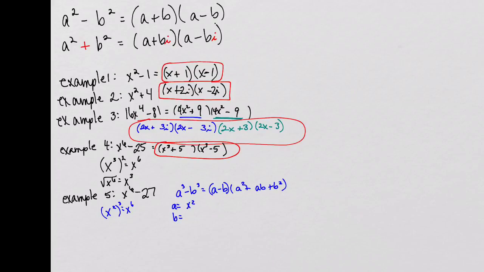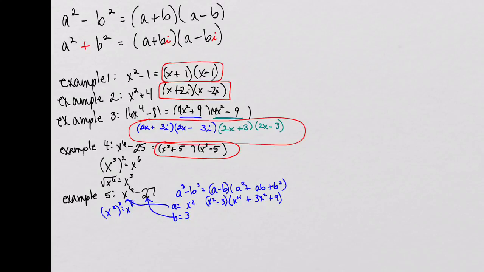The b is going to be 3, and again, I'm getting these from those numbers right there. So x squared minus 3, and x squared squared, that means x times x times x times x, that's going to be x to the 4th. Then a times b, and then b squared would be 9.